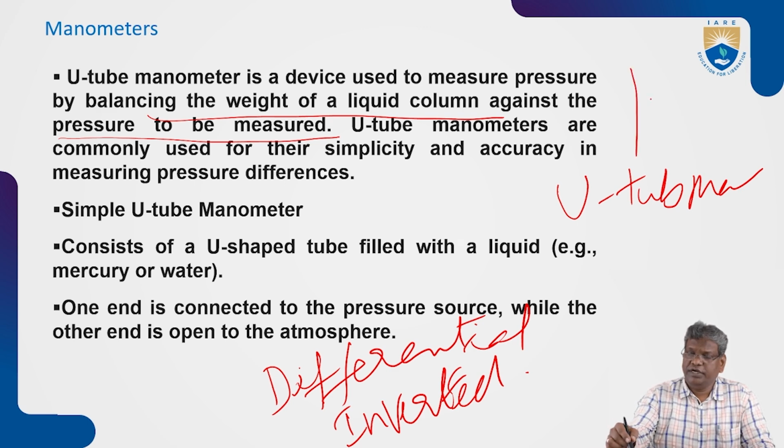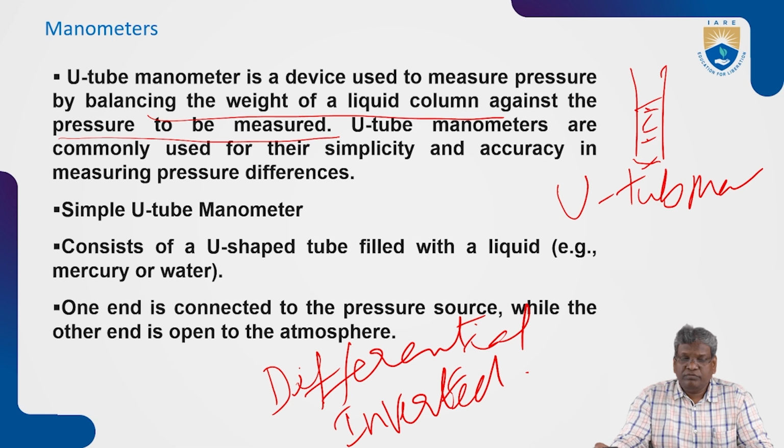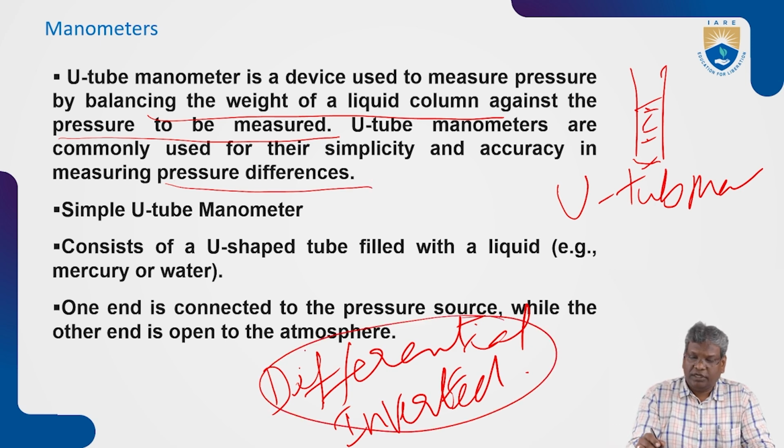One fluid which has some weight acts on the other fluid, which is not mixed with it, that means the two fluids are immiscible. U-tube manometers are commonly used for their simplicity and accuracy in measuring pressure differences. Differential manometers, either differential or inverted differential, are both used for measuring the difference of pressures.